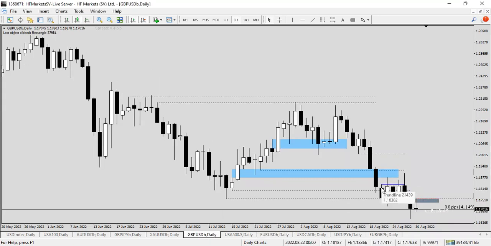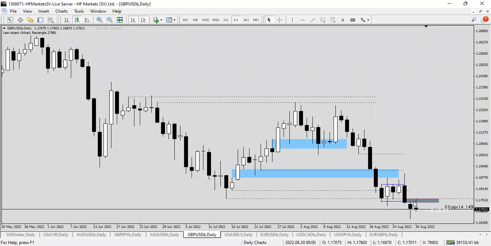GU consolidated inside here, trades up, then it runs low. Since we have now finally closed below that low, that's the imbalance, and that's the area where you expect price to either trade back up, create a bearish order block, and then push low, or trade back up and invalidate that area.